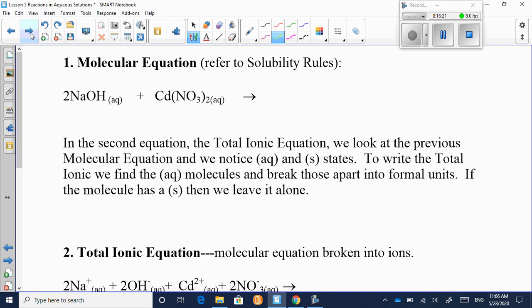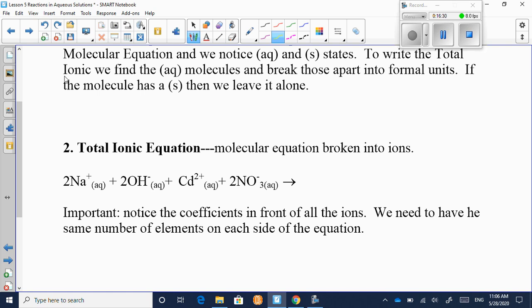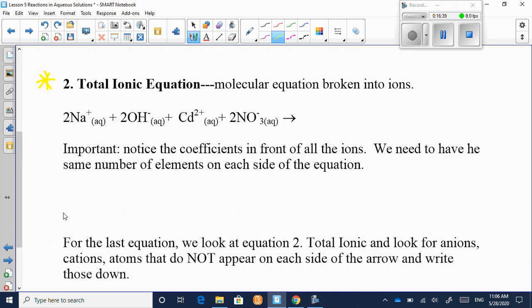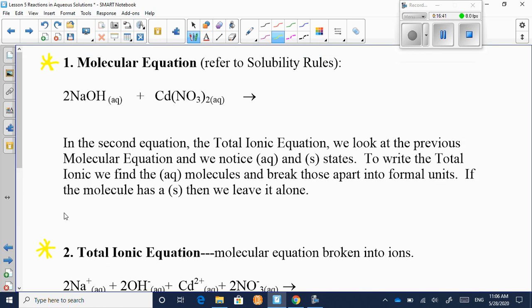What I think you're used to writing is what we call the molecular equation, but we're also going to learn how to write a total ionic equation and finally a net ionic equation. So I'm going to take you through an example here, and then we're going to do one more example, and then for homework you're going to have one of them to try.